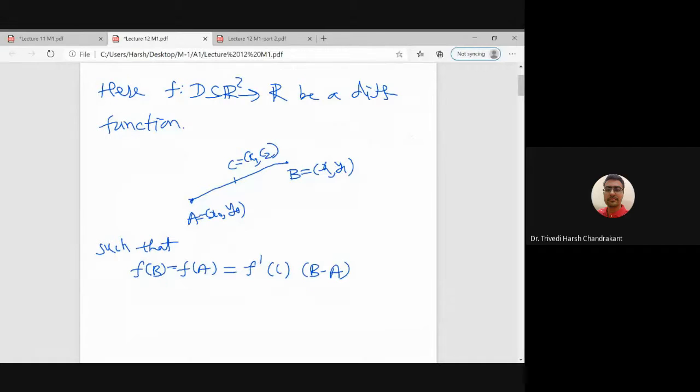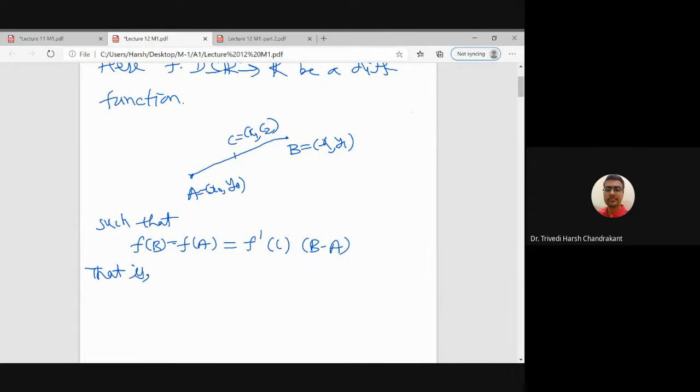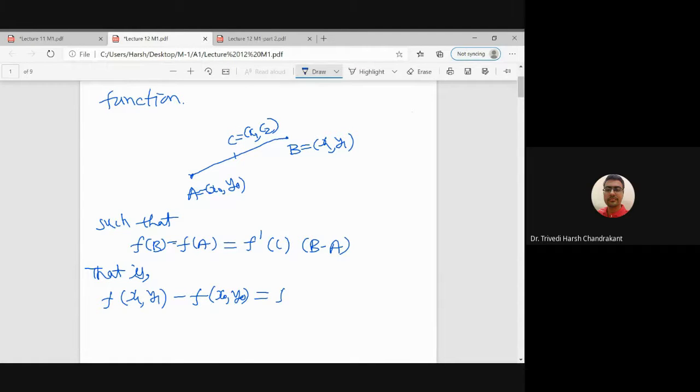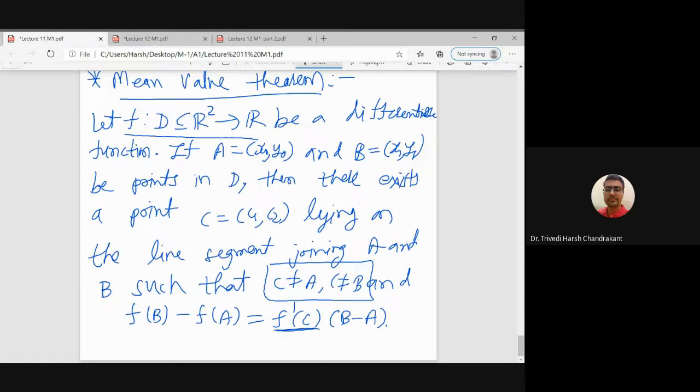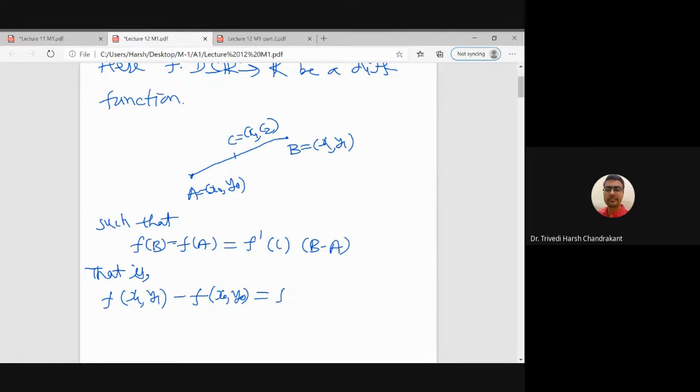So if we write this equation in terms of the coordinates, then the coordinate of B is (x1, y1), so it becomes f of (x1, y1) minus f evaluated at the point A, whose coordinate is (x0, y0), is equal to the derivative at the point C, whose coordinates are (c1, c2).